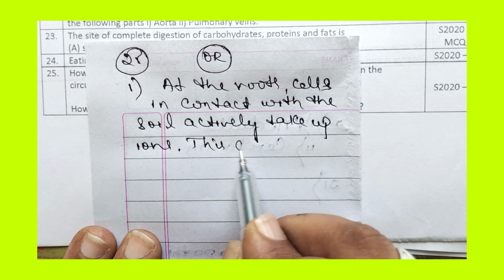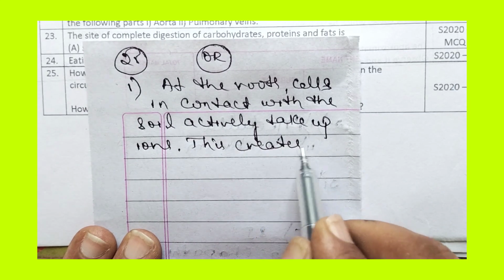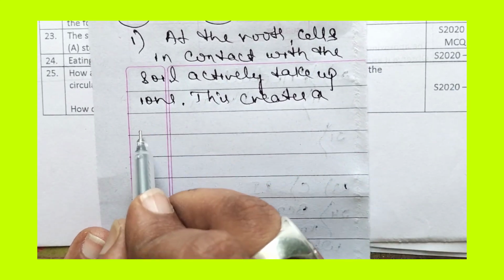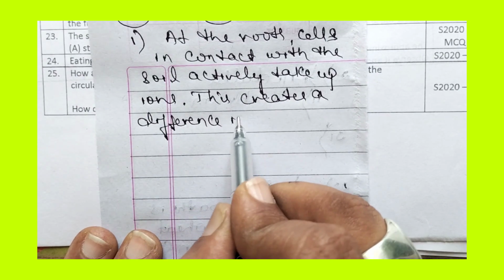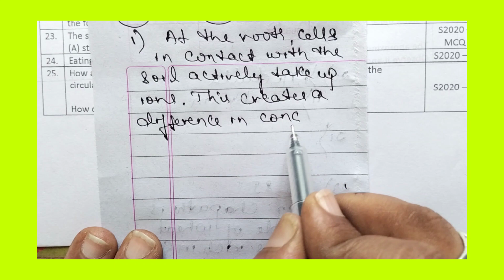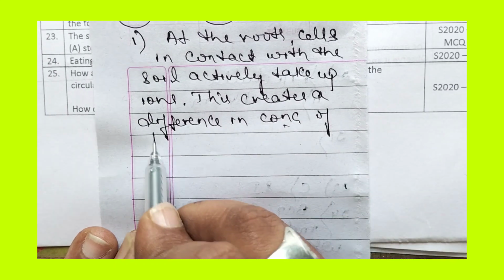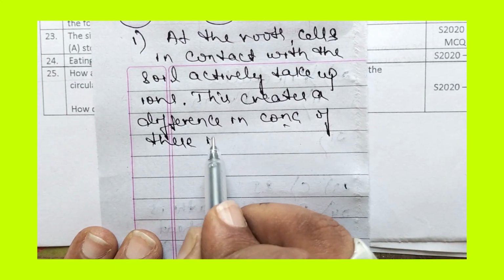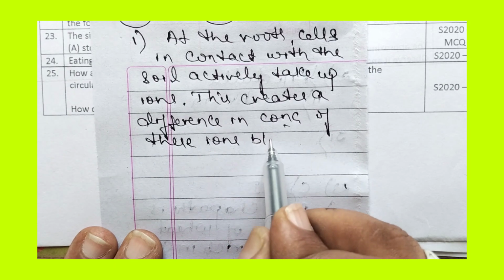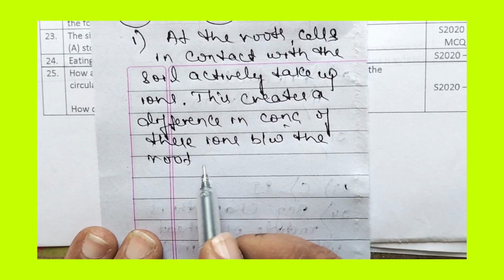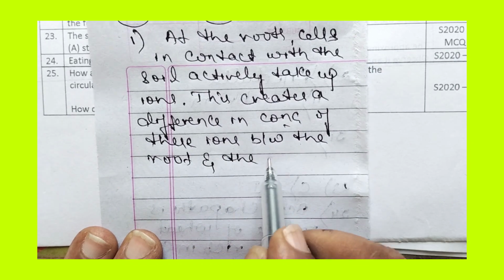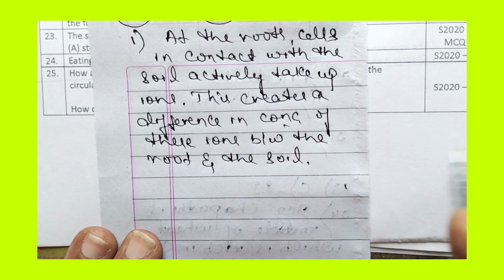This creates a difference in concentration of these ions between the root and the soil. This is the first point.